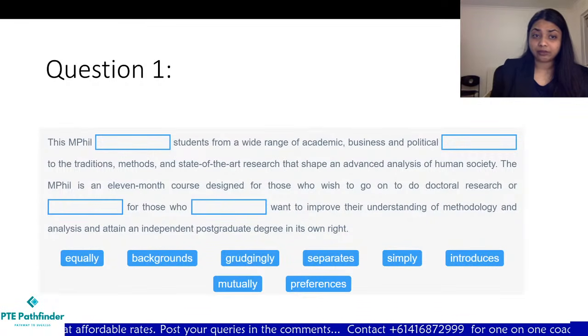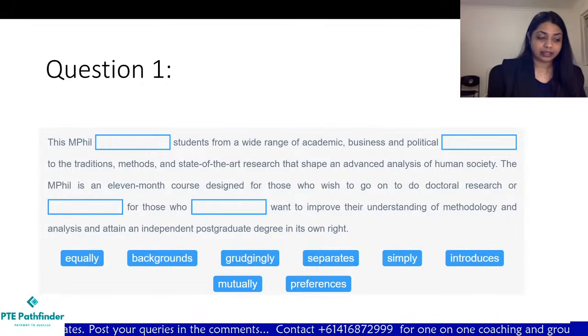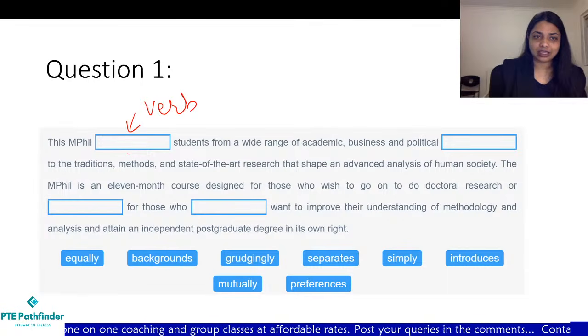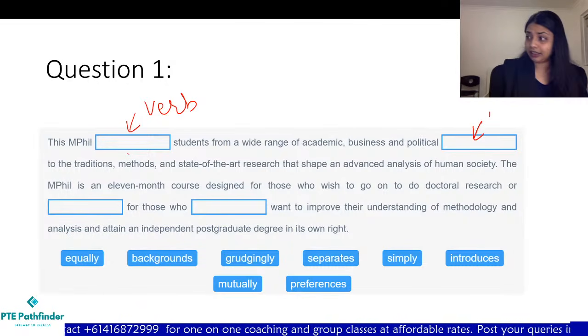So let's have a look at the particular blank in here. So this MPhil dash students. So if you look at it, this sentence, you need a verb. You immediately know that the action is missing in here. So this MPhil dash students from a wide range of academic, business and political dash to the traditions. So if you look at the blank in here, we need a noun.